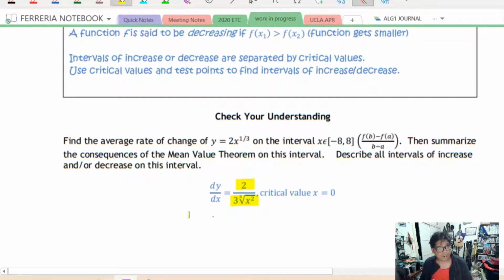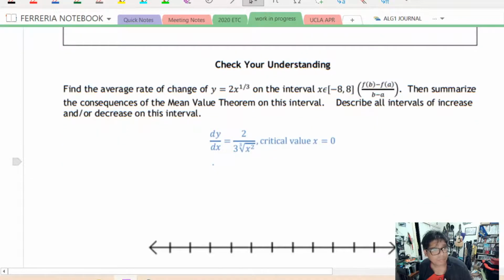When is the denominator equal to 0? Well, that happens when x itself is equal to 0. So our only critical value is x equals 0, and that is of the undefined derivative, not the zero derivative variety.